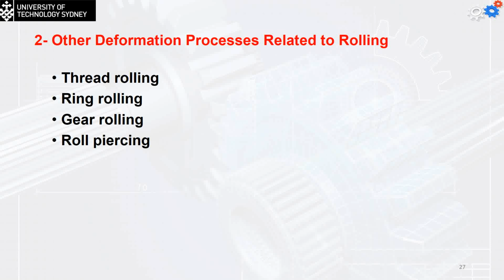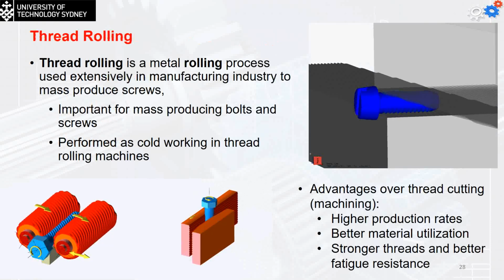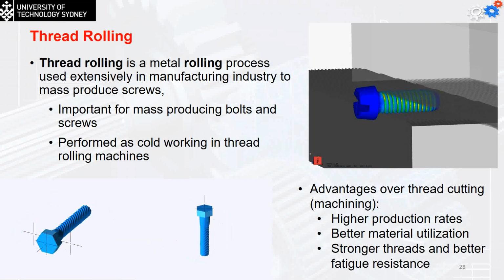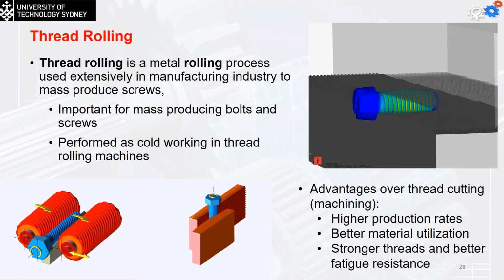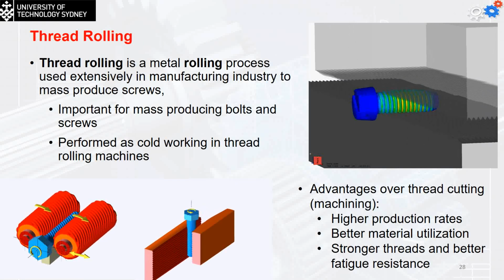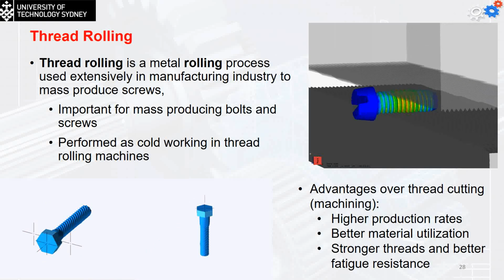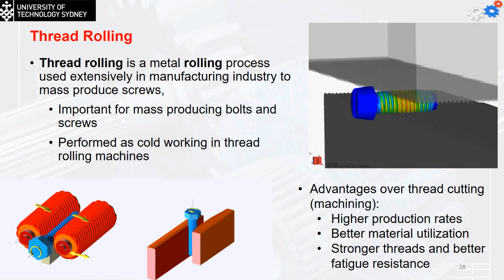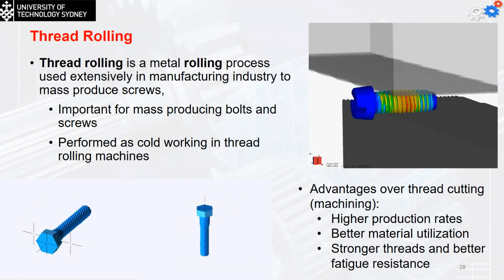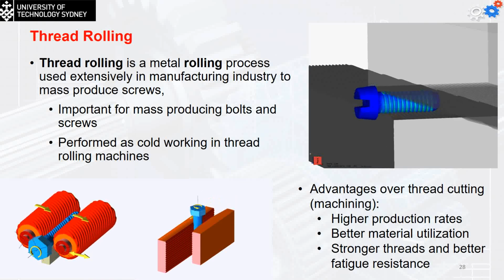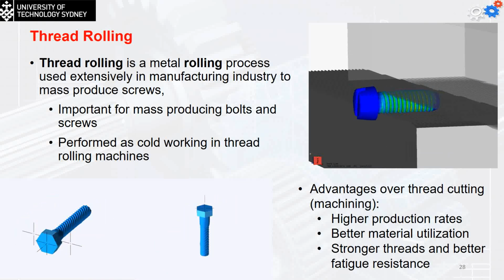So this is thread rolling. The raw material is just a bar. We run it between two rollers which have the thread shape, and this forms the threads on the screw or the bolt. It's a metal rolling process used extensively in the manufacturing industry for mass production of screws. It's important for the mass production of bolts and screws because you don't spend time on machining.